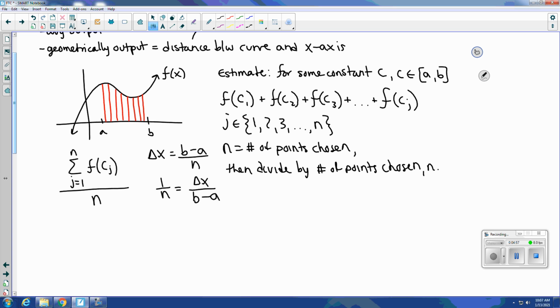Now, you'll notice that in my summation notation here, this formula that expresses the estimate is dividing by n, which is the same thing as multiplying by 1 over n. But now we have a representation for 1 over n when I want these points to be equally spaced. So I can rewrite this to be delta x over b minus a times the sum of the outputs.